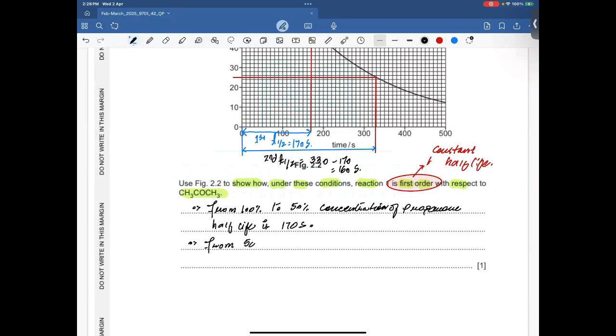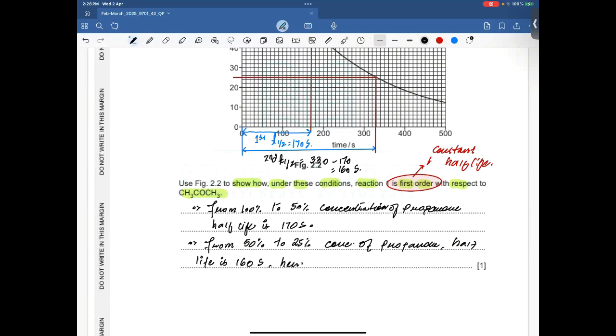From 50% to 25% concentration of propanone, the half-life is 160 seconds.